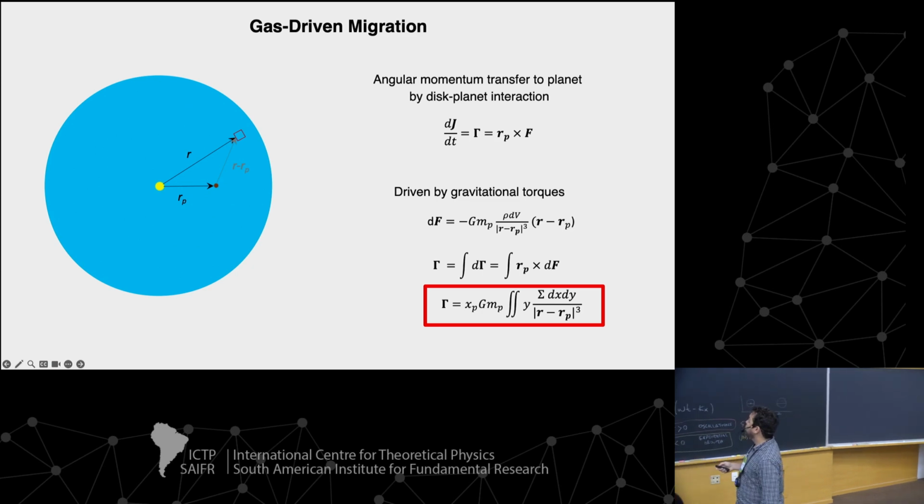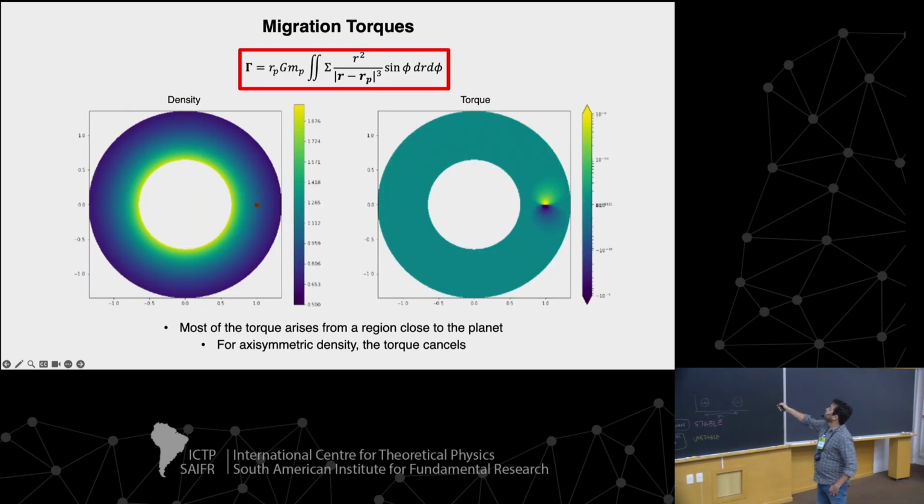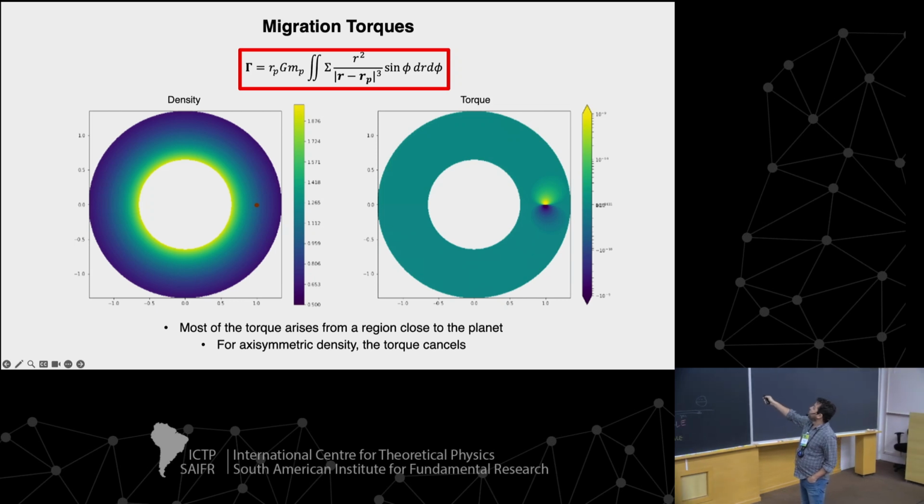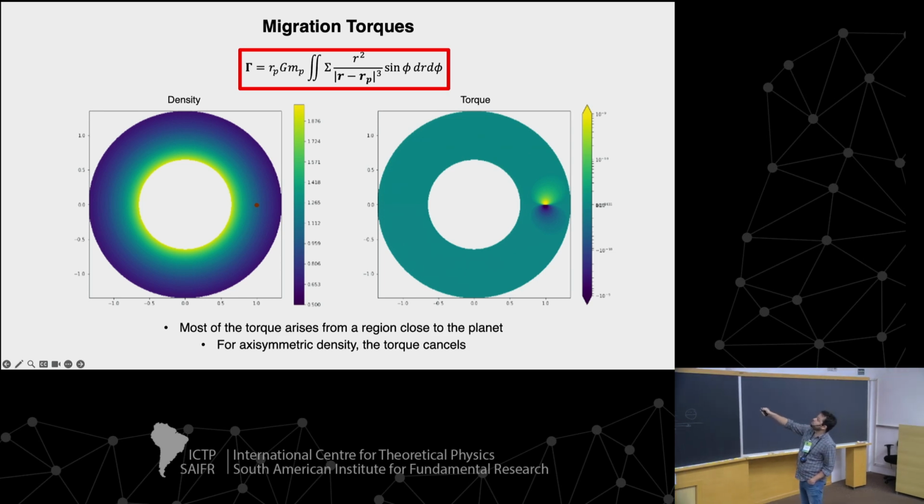That means that the torques on the upper part of this plot will contribute positive torques, and the part that is under here will contribute negative torques, right? That's just because of this y here.